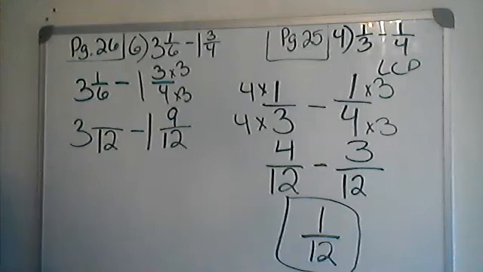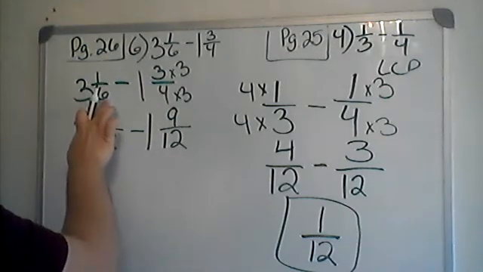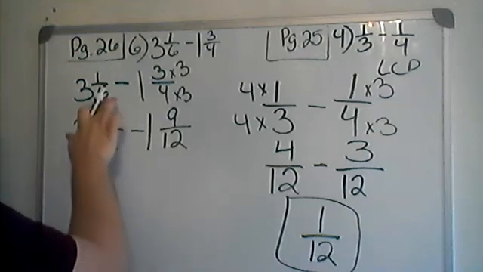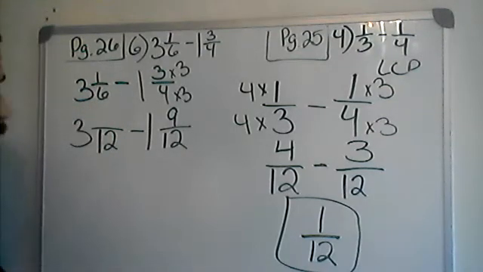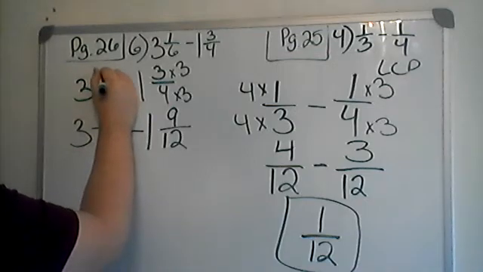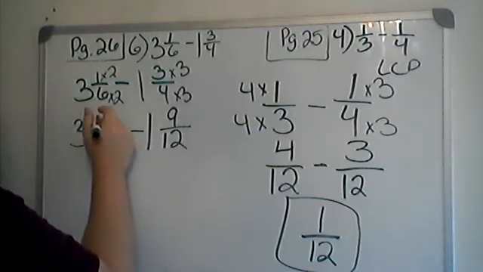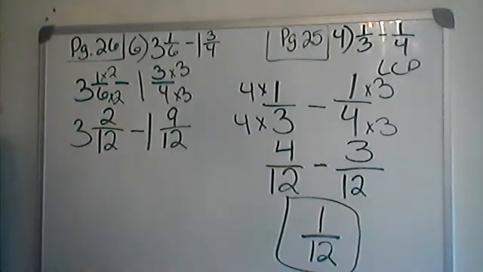Looking at this fraction, I had 3 and 1/6. I found my denominator was 12, so 6 times what gave me 12? That was 2. So I have to multiply that times the numerator. So 1 times 2, and that's going to give me 3 and 2 twelfths now.